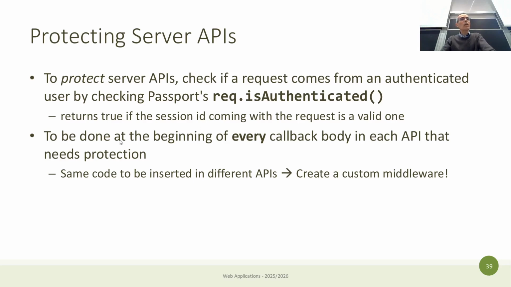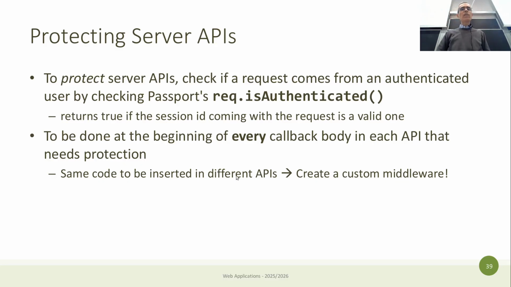And this is to be called at the beginning of every callback body in each API that needs a protection. So you remember that we write api.post and so on, add answer, and then we have a callback. At the beginning of the callback, make sure you check if the request is authenticated or not, okay?